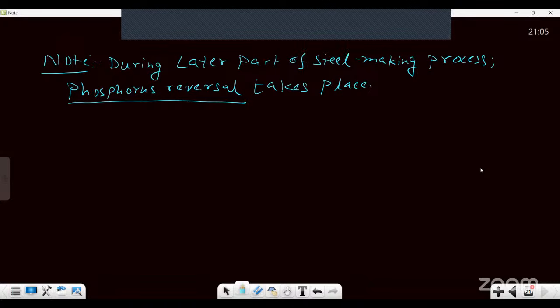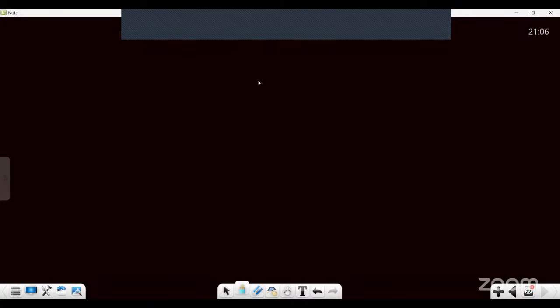Now we will talk more about the LD process. So let us now focus on the LD process. What is the full form of LD?